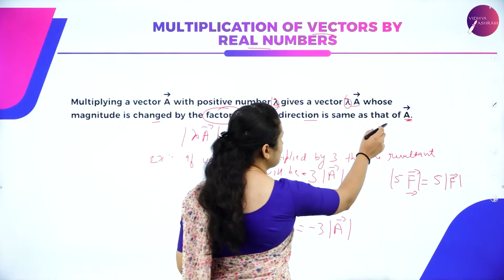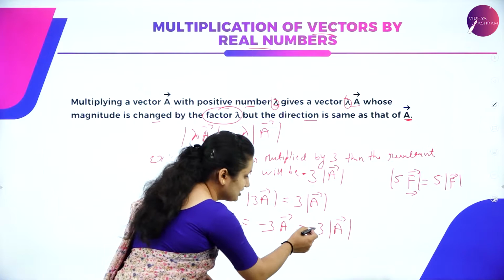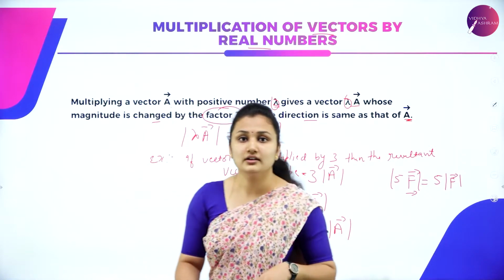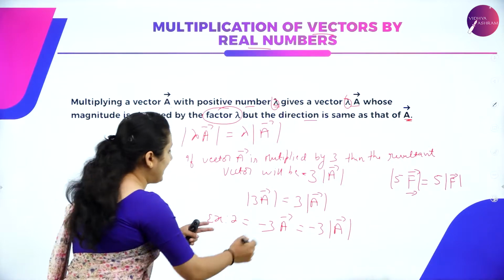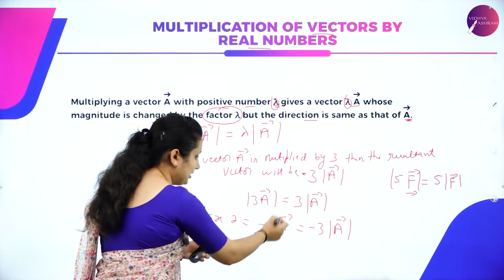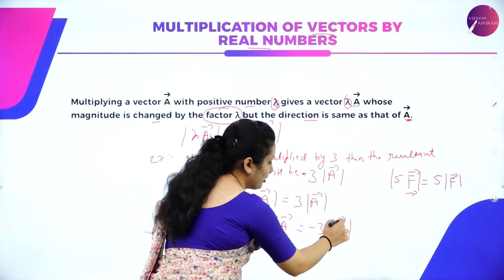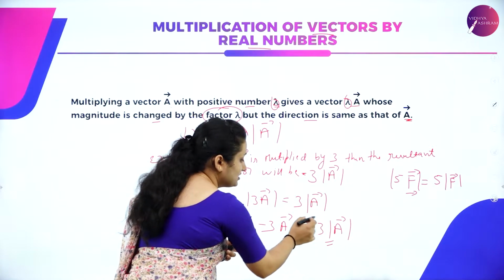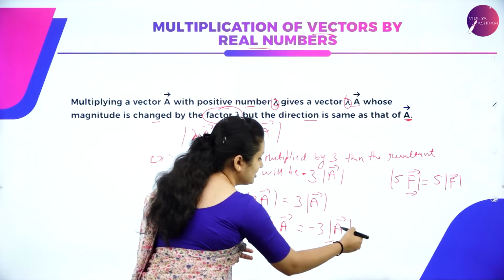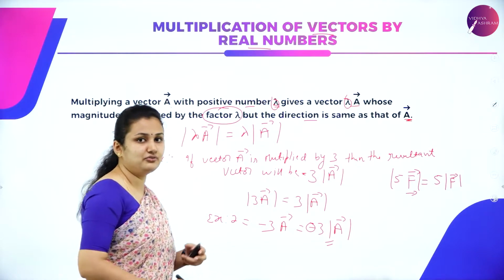The direction is not same as that of A because the direction is along the negative axis. So vector A is multiplied by -3, a negative number, and you have got a new resultant vector, -3A. The magnitude is changed by 3 and the direction is opposite to that of A because it is minus.